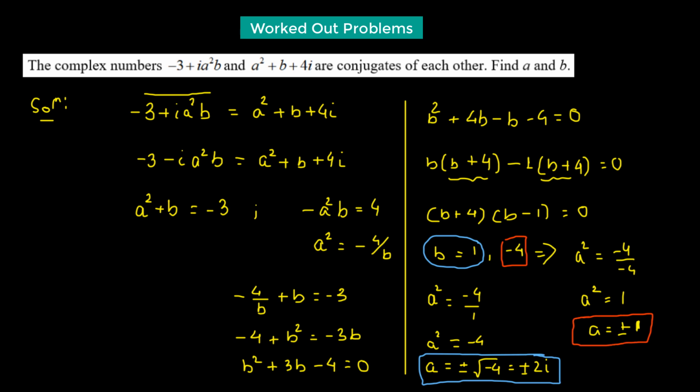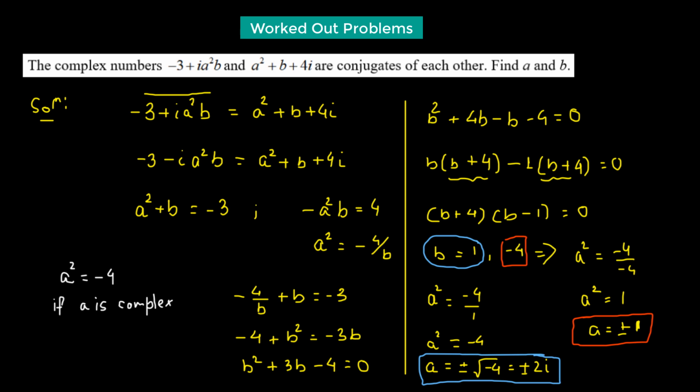Let's go to the next question. Before going to the next question, I would like to mention one fact: while solving for a, we were getting a squared equal to -4. Now this equation is only valid if a is imaginary or complex.